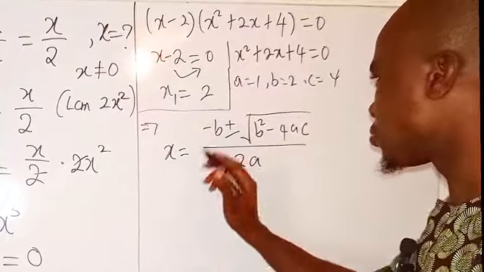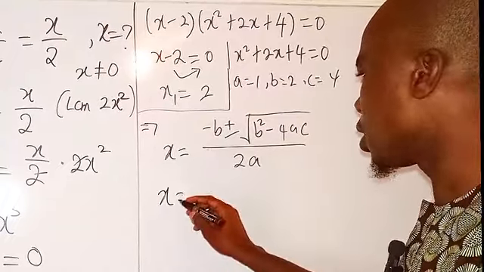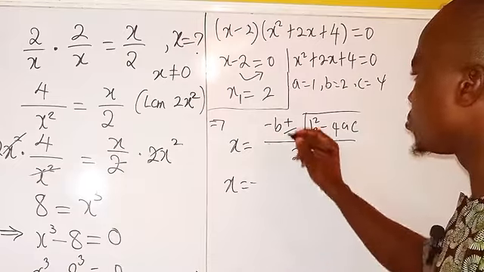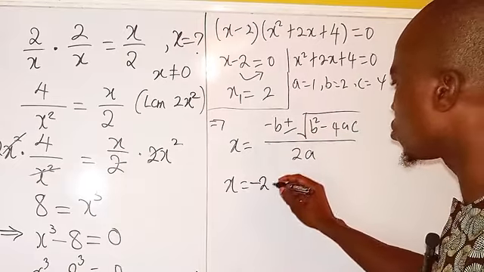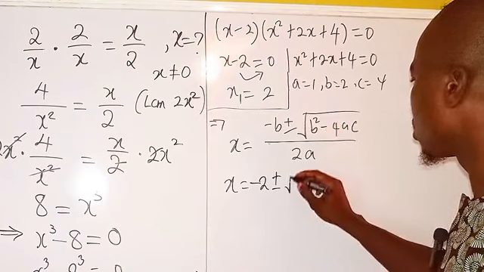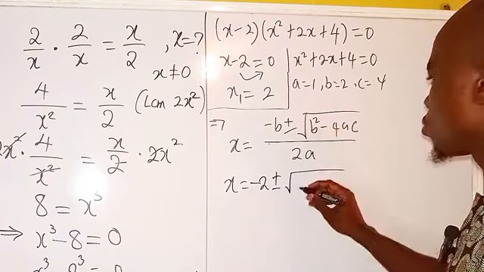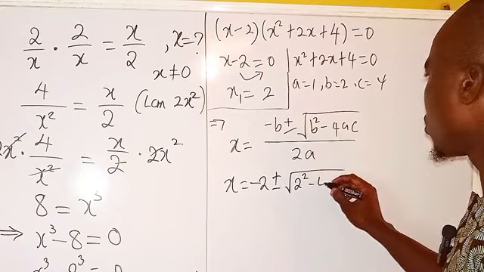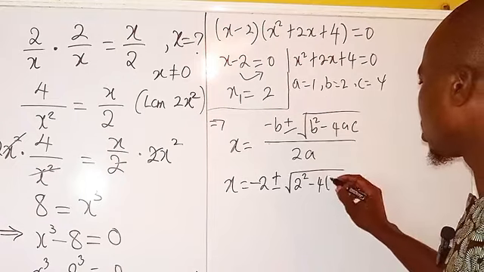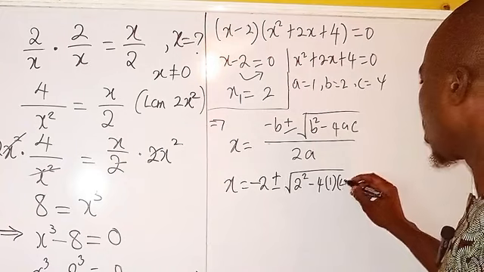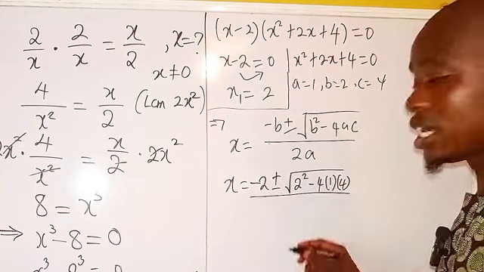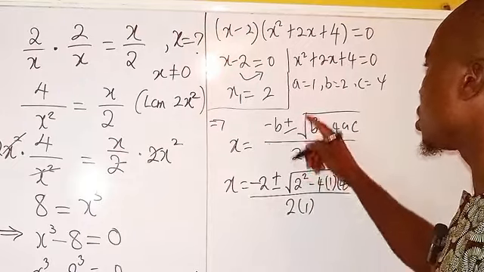So now let's plug in this. I have minus b is minus 2. We have minus 2 plus or minus the square root of b squared, 2 squared, minus 4 times a, which is 1, then c is 4, I have 4, then divided by 2 times a, which is 1.